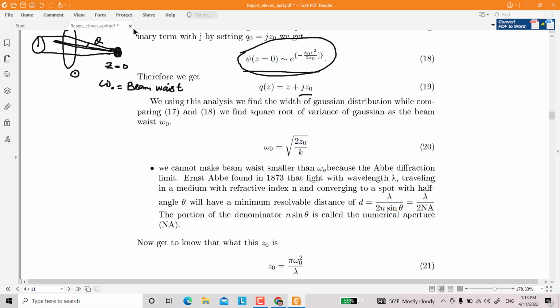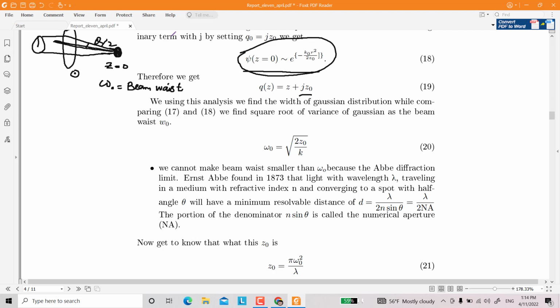Obviously the whole angle is theta, so this is going to be half.